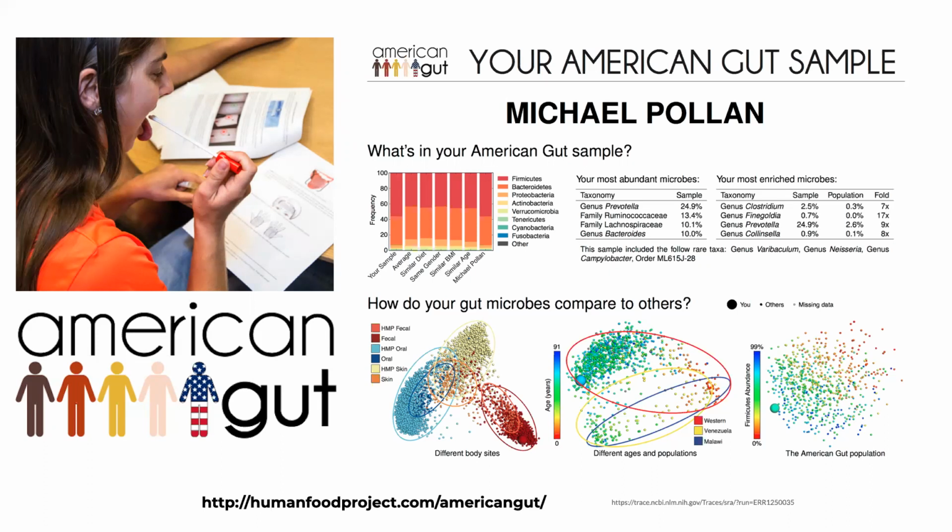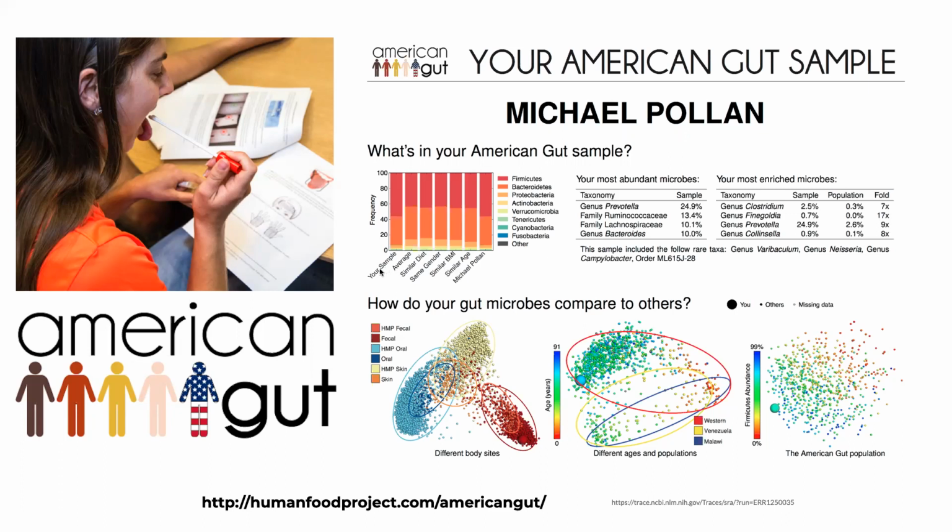You can see here, for example, different ages and populations, different body sites, and the American Gut population based on a particular type of bacterial species. And you will also get a report.